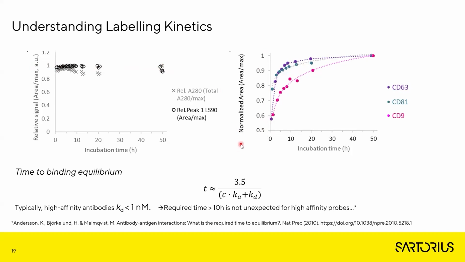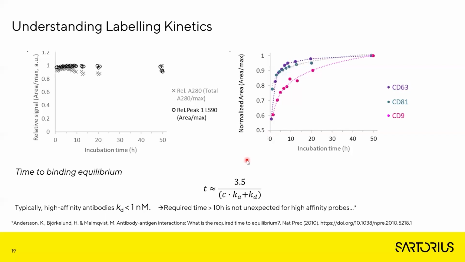However, in case of immunofluorescence, we can see a great increase of the signals in the first stage, in the first hours of immunolabeling. So actually, the equilibrium is established only after 15 or 20 hours.